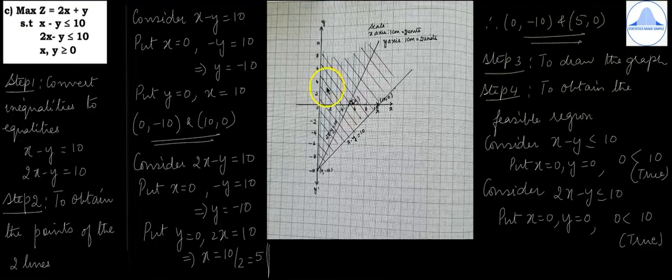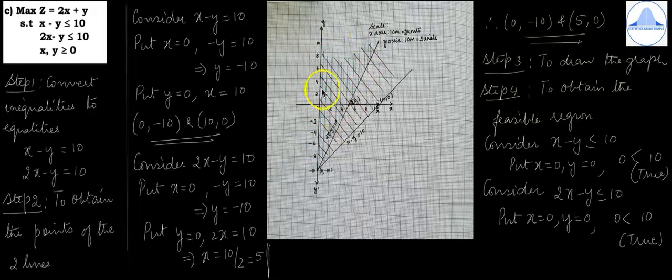Closed figure means you have to see whether you have both the types of shading, okay, and it should actually lie in only the first quadrant, because only in the first quadrant x and y will be positive. We cannot get a y value as negative or x value as negative. So if you observe, the common area, that is for both types of shading, is actually this whole area.